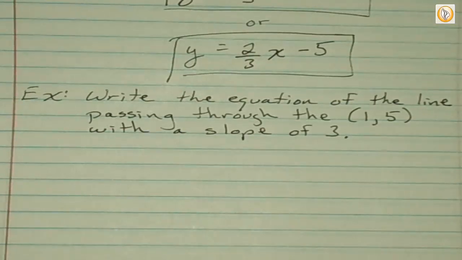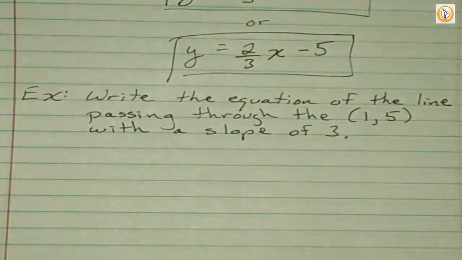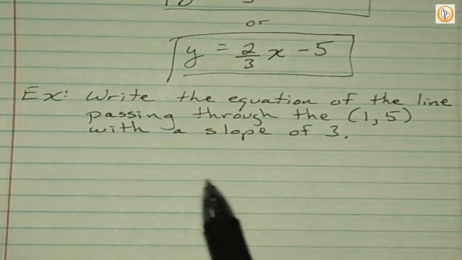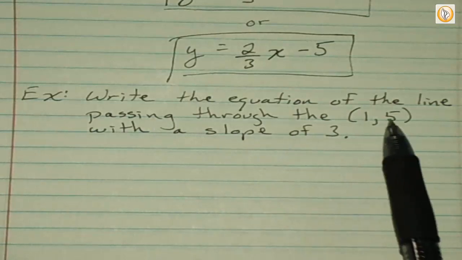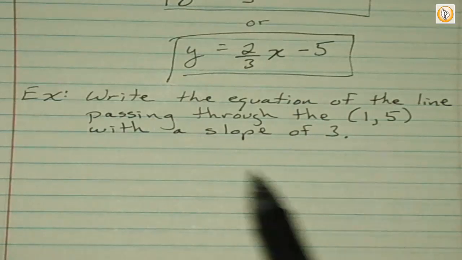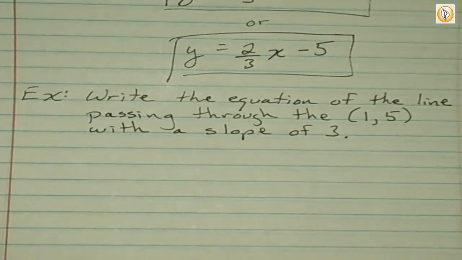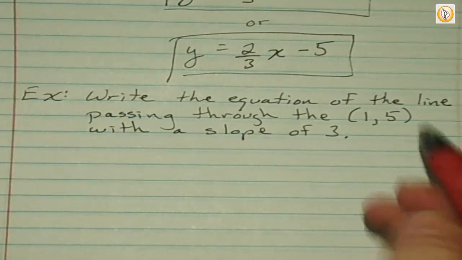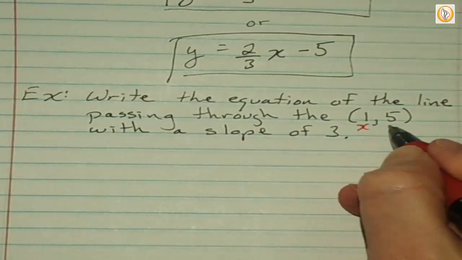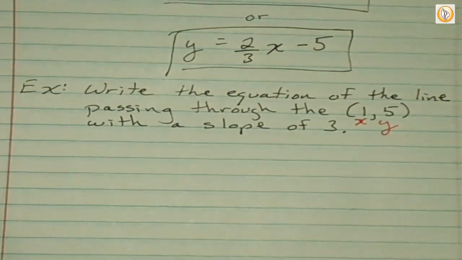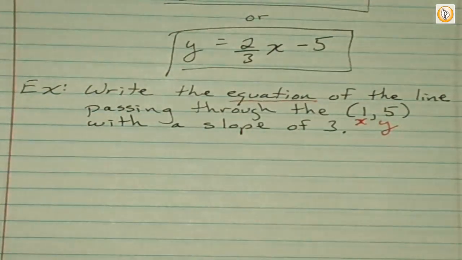So we're going to write the equation, meaning your y equals mx plus b, the slope-intercept form. We're going to write the equation of a line passing through this ordered pair, this spot on the graph, with a slope of 3. This ordered pair, what is 1? x. And 5 is y.